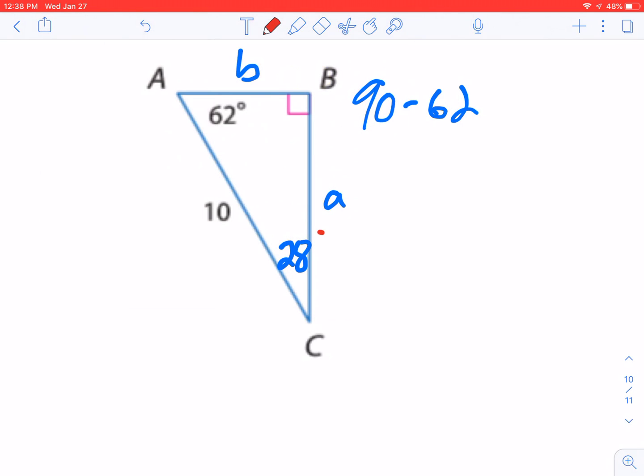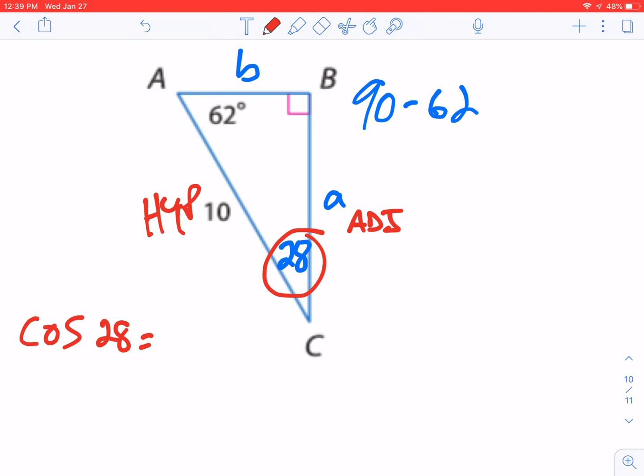Let's use 28. If I use 28 with A, that's going to be adjacent. Do I know opposite? I can't have two unknowns, so I'm going to use my hypotenuse. So then I would do cosine of 28 equals A over 10.